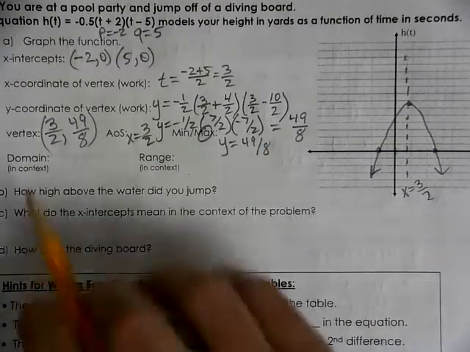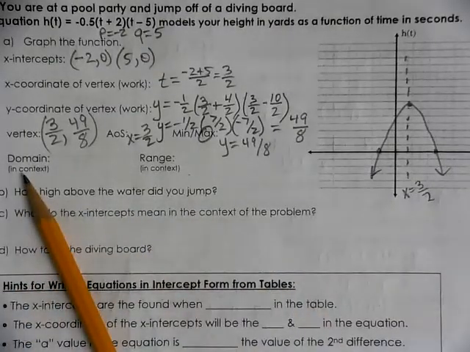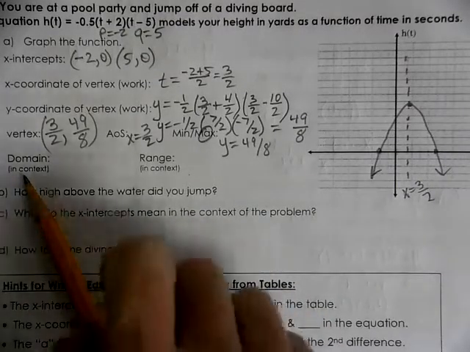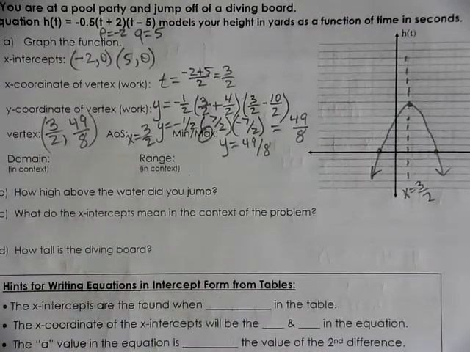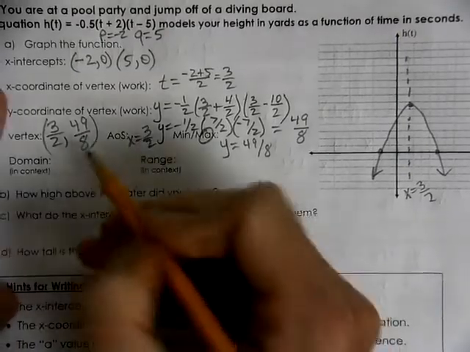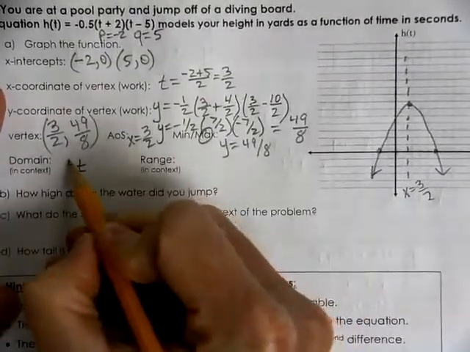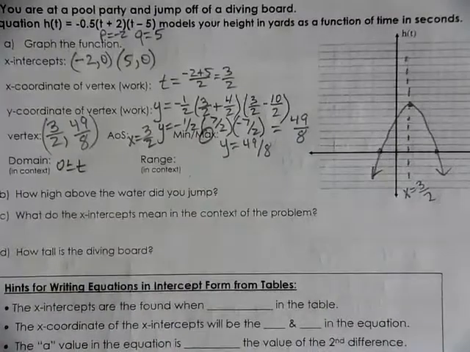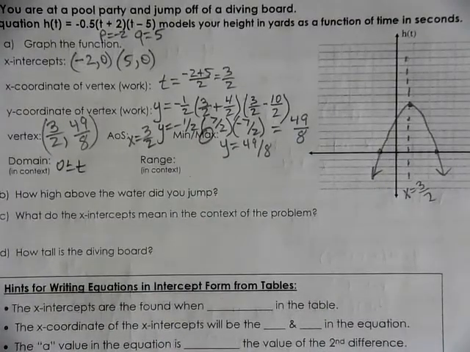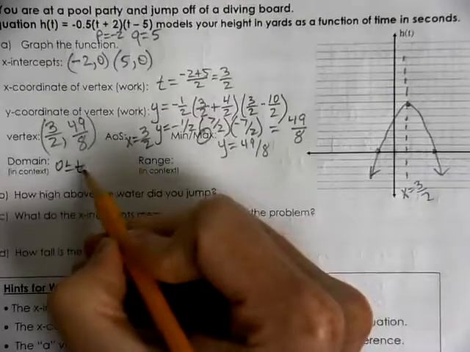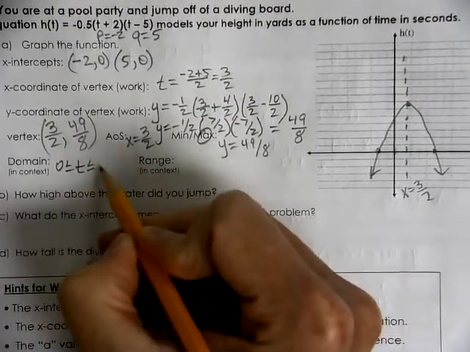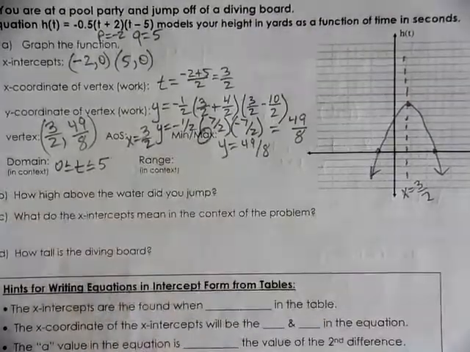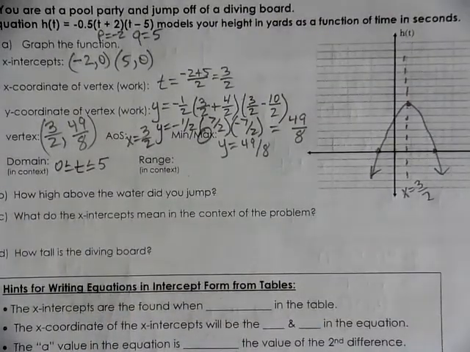Now, when we talk about in context, what's happening in the problem? The domain. We're not looking at all real numbers. We're looking at it in context. So your t value could be 0. That's a possibility. But your time value could only go up to 5 seconds, because that's how long it's taking you to reach the water again, it looks like.